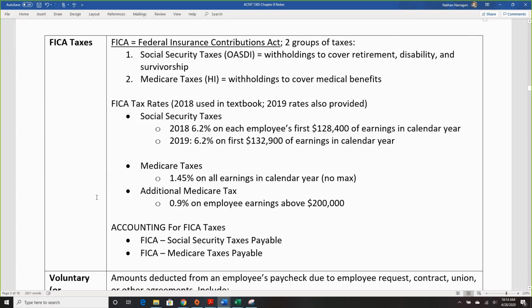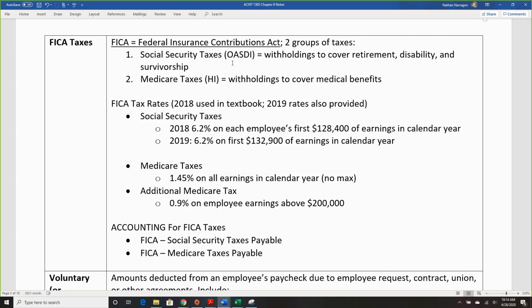But FICA in itself, again, is broken up into Social Security and Medicare taxes. In fact, Social Security is also known as OASDI, which is basically old age survivorship disability insurance.